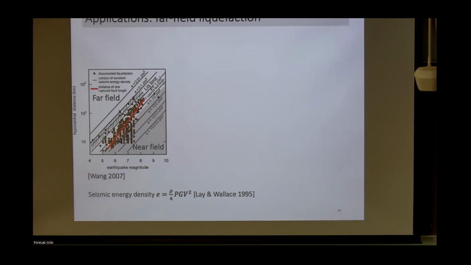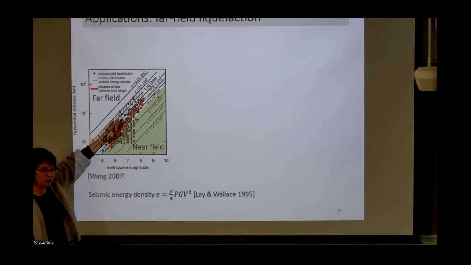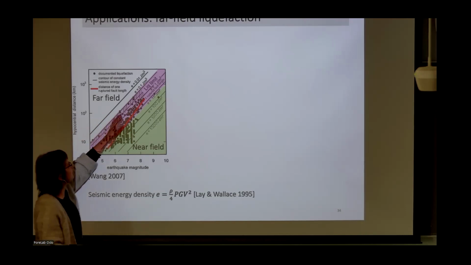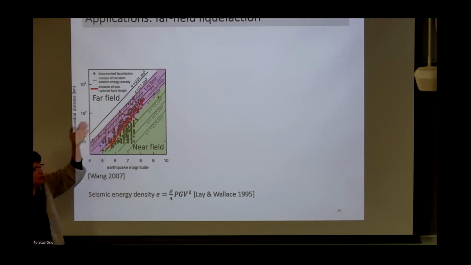So undrained liquefaction can explain all these events, but the majority of events actually are away or at lower energy density and cannot be explained by the undrained liquefaction model. Those are these observations that occur even at 0.1 joule per meter cubed.